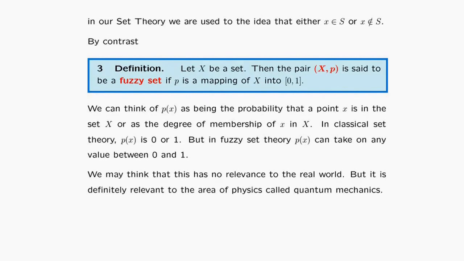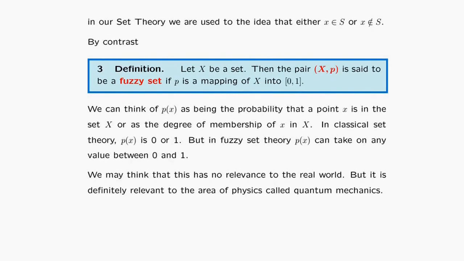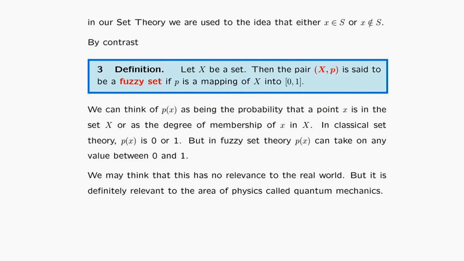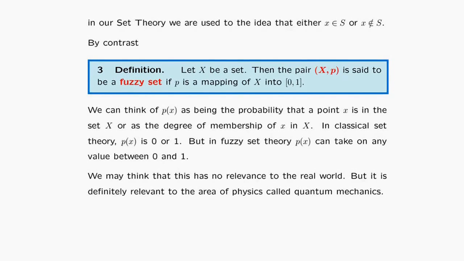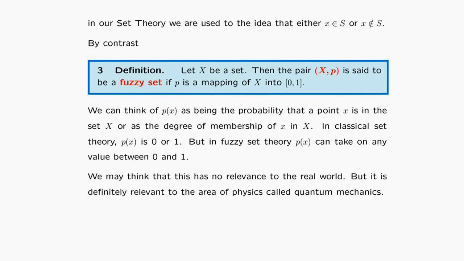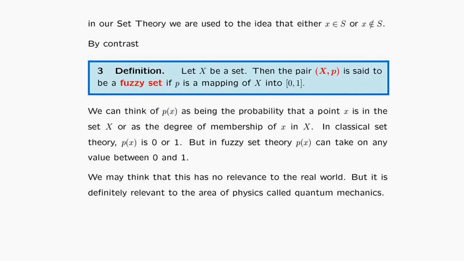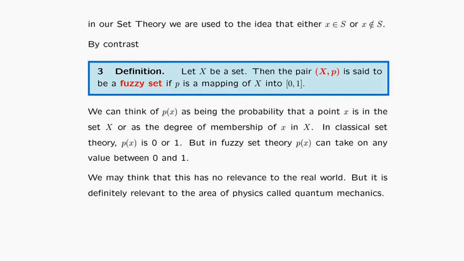To define a fuzzy set, we let X be any set. Then a fuzzy set is a pair (X, P), where P is a mapping of X into [0, 1].